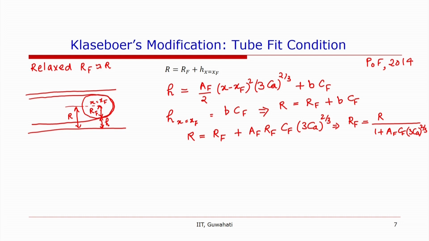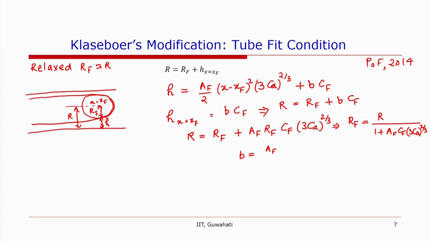So we can write B, the film thickness on the channel, now becomes B is equal to AF into RF.